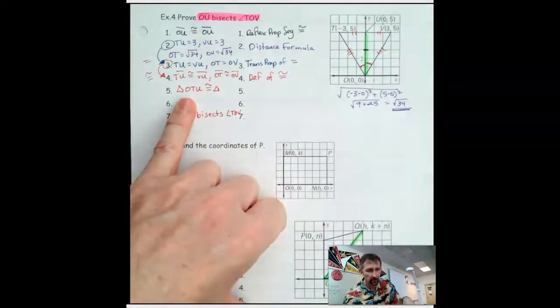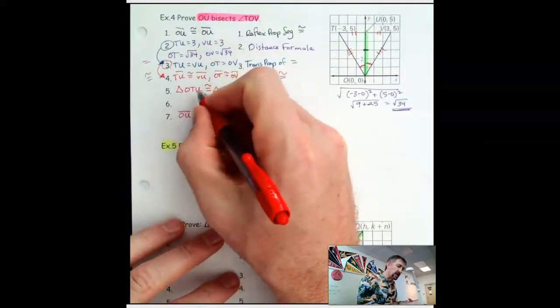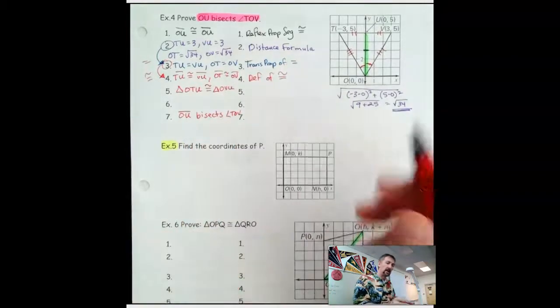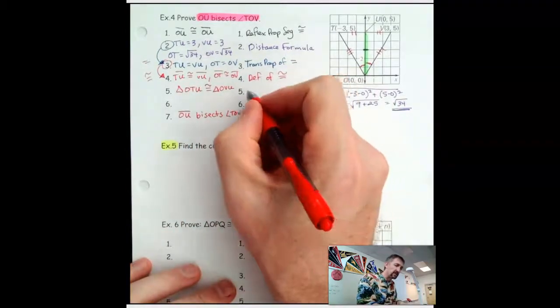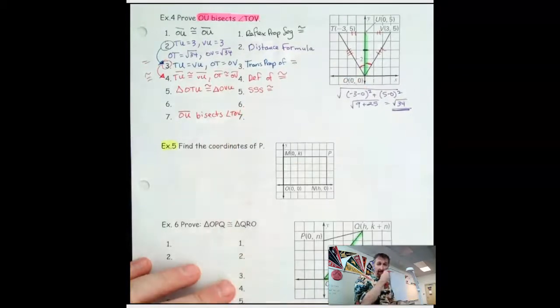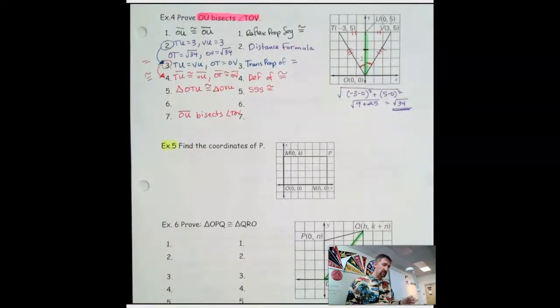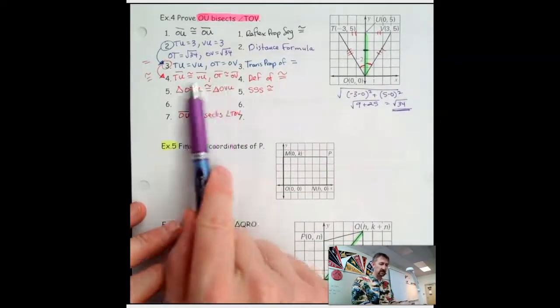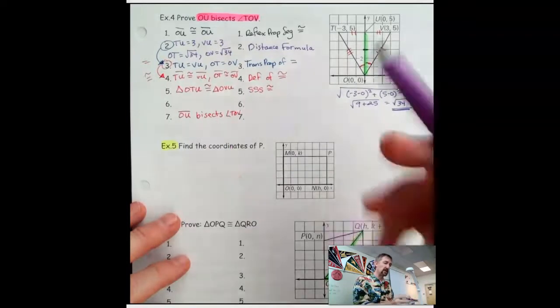So that's going to be triangle OTU, triangle OVU. And we have it marked on the picture. The reason that we can say that is side, side, side congruence. Okay? And what usually comes after side, side, side congruence? Or actually, what comes after two triangles being congruent?